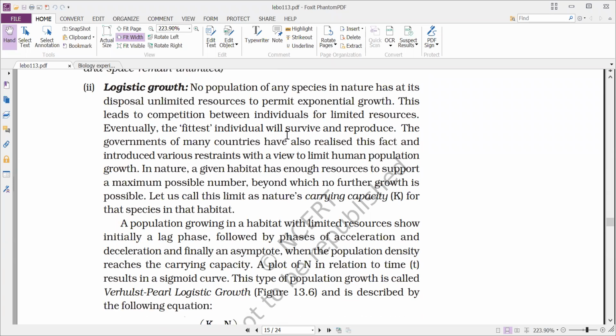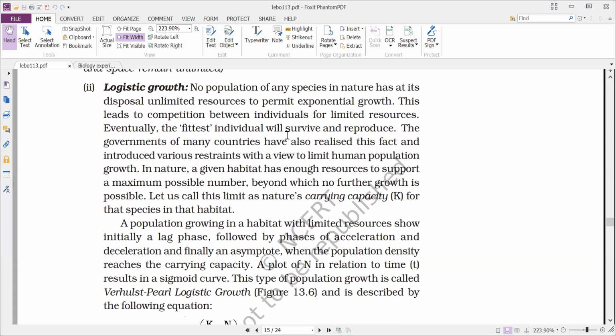When you observe this logistic growth, what is meant by logistic growth? Here it is given very clearly. No population of any species in nature has at its disposal unlimited resources to permit exponential growth.